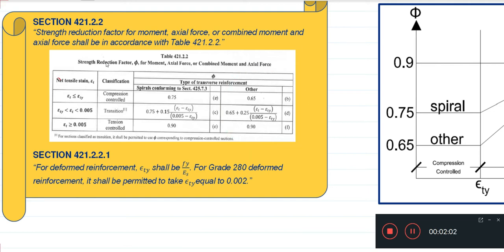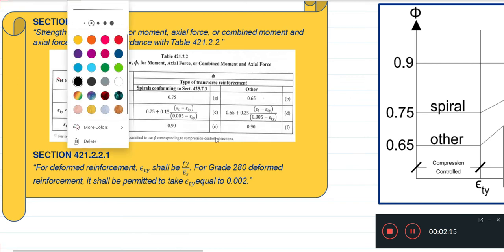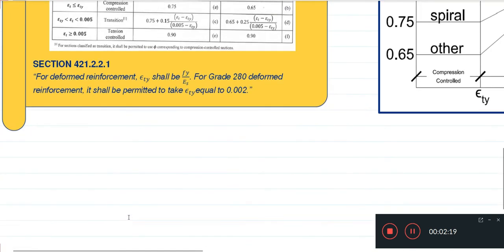So, sabi doon, kapag compression controlled siya, ang net tensile strain natin is lesser than or equal to epsilon ty. So, what is our net tensile strain? Sabi ko nga, yung net tensile strain natin is galing yan dun sa strain diagram natin.